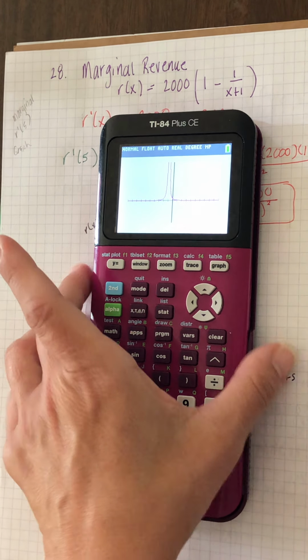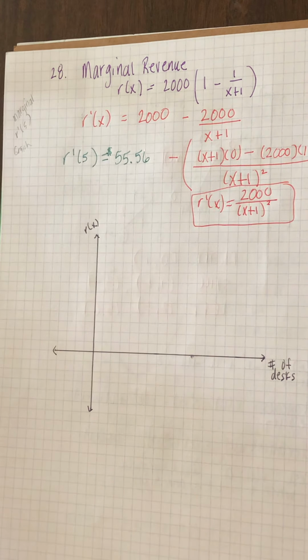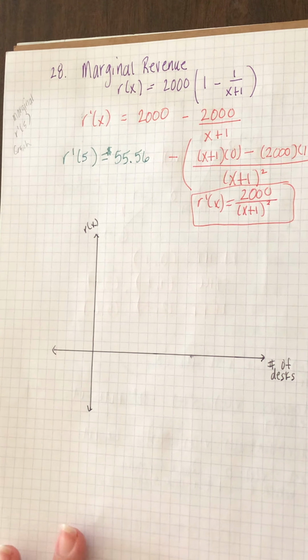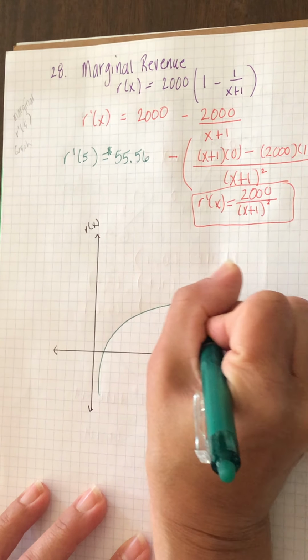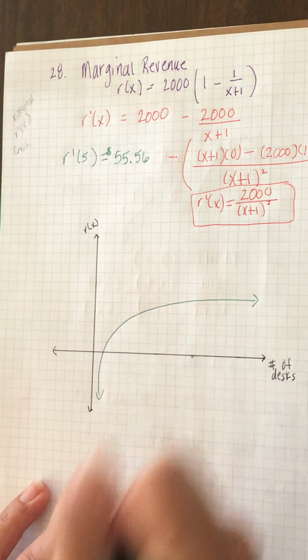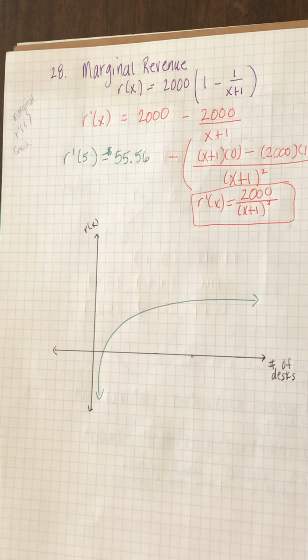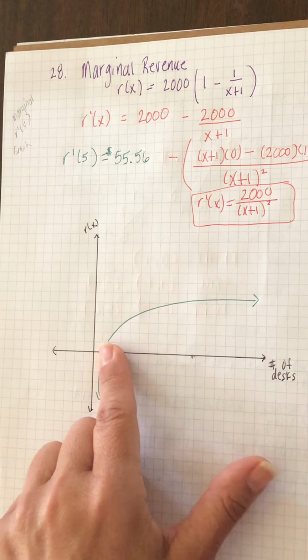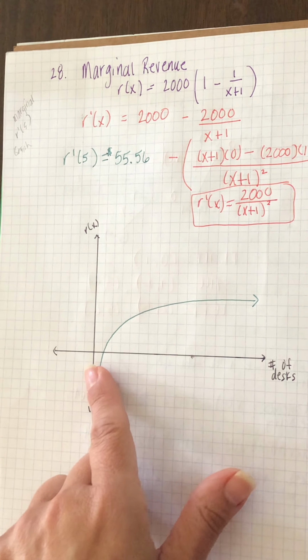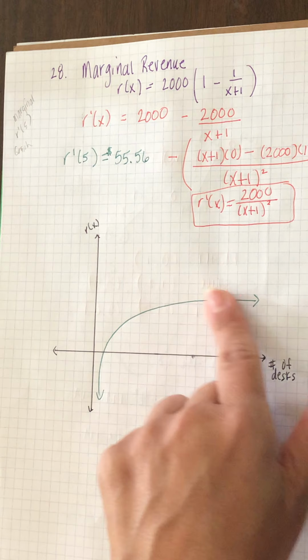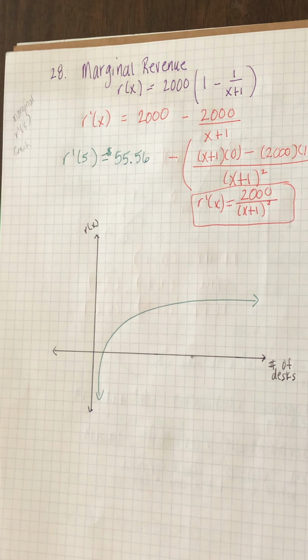Okay, for some reason my graph is wrong and I don't know what's going on, but the graph should look something like this. I had it right earlier, something's wrong with my grid. Here's what happens. Eventually, your revenue, which is your y-axis, is going to taper off.